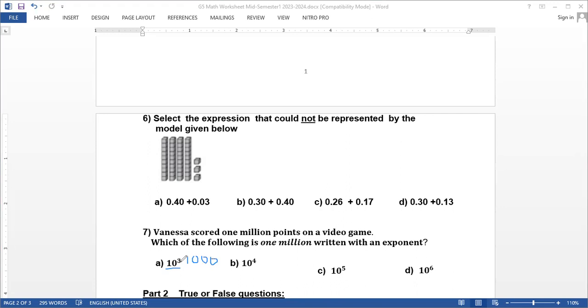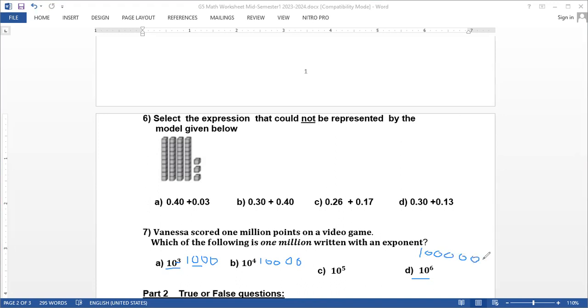The power is 3, so I put 1 and I put 3 zeros. 10 power 4 is 1 with 4 zeros. A million is with 6 zeros, so 10 power 6, I put 1 and I put 6 zeros.